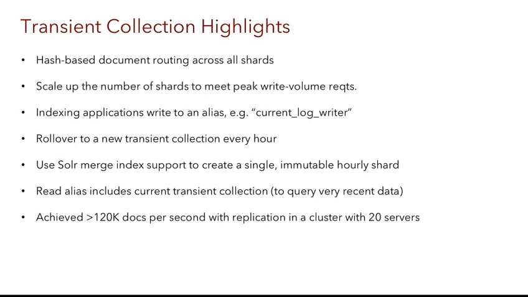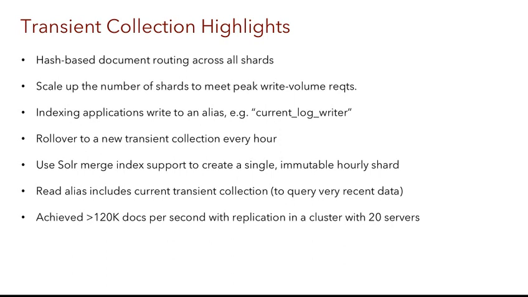And then, in the POC that I mentioned, we actually did achieve 120 kDocs per second with replication in a cluster with 20 servers. And I believe we actually used 40 shards for that. The reason was that we really wanted to support a lot of complex near real-time searches at the same time we were doing that indexing.